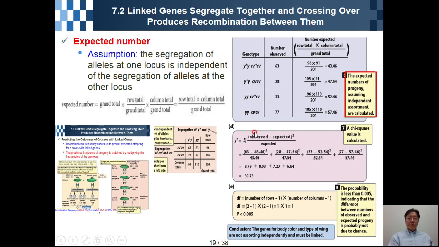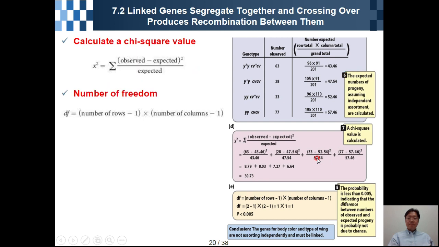After that, we have to calculate the chi-square value. We already learned the chi-square value previously. So this is the observed number, 63, minus the expected, 43.46, and divided by the expected number, 43.46. So we have to calculate all of them like this.